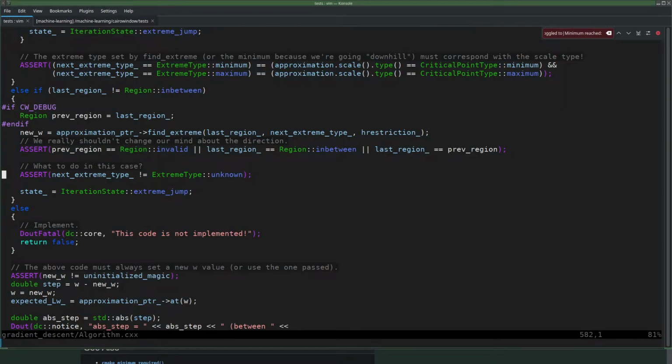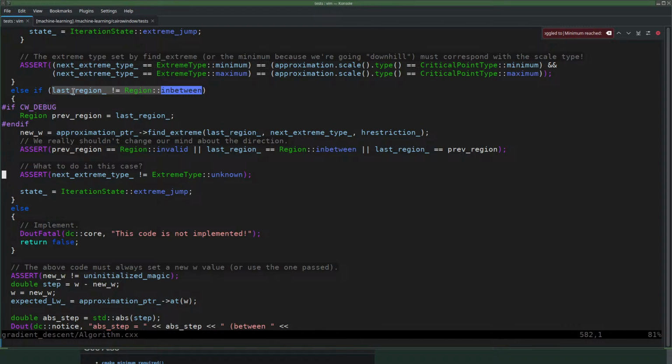What to do in this case? Next extreme type is unknown. Yeah, the thing when I added this here, I actually meant that it is left or right.